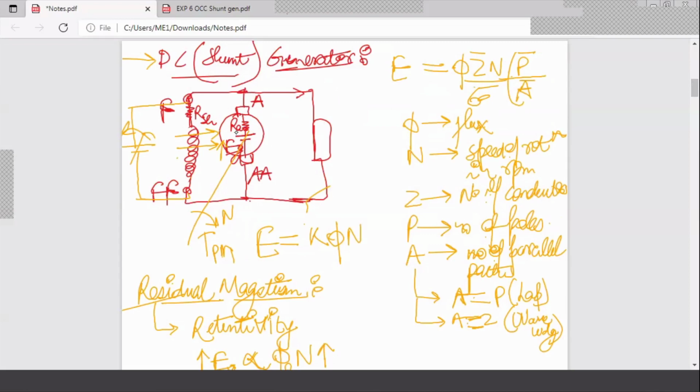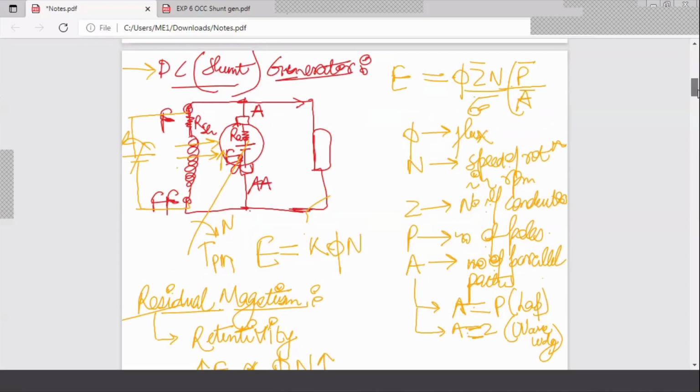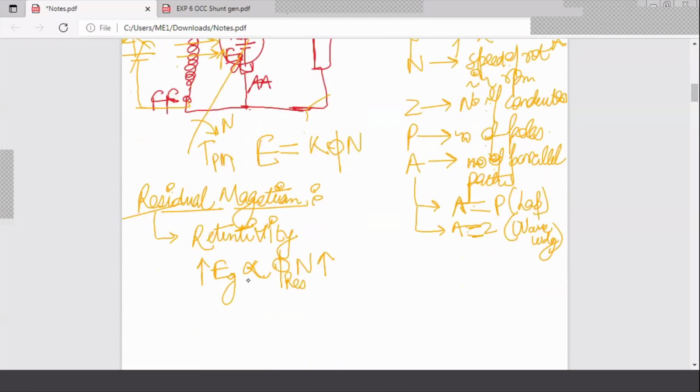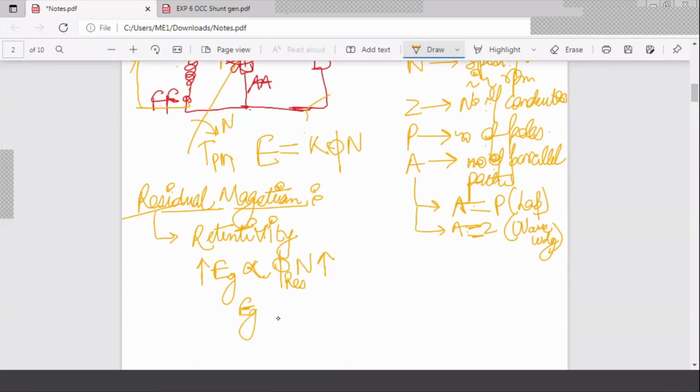Because this EMF EG is coming across your field winding also, they are connected in parallel, isn't it? So I can say that this EG will come across the field winding, and EG divided by the shunt winding or the field winding resistance will give you a field current, right?